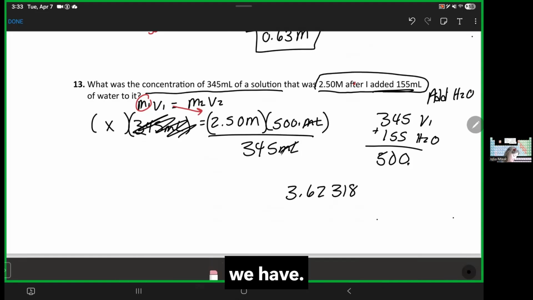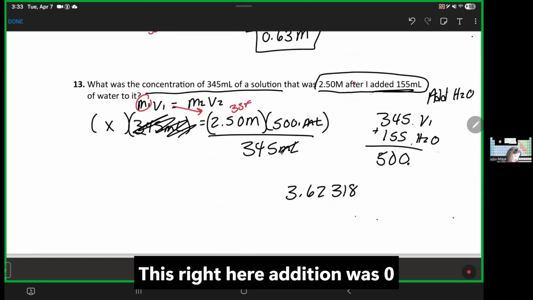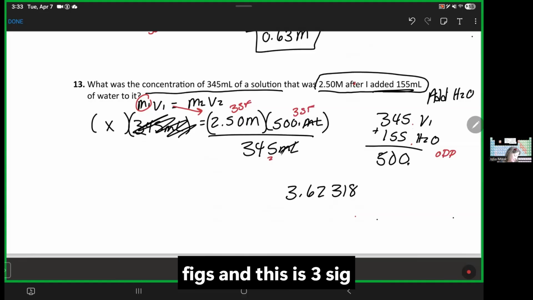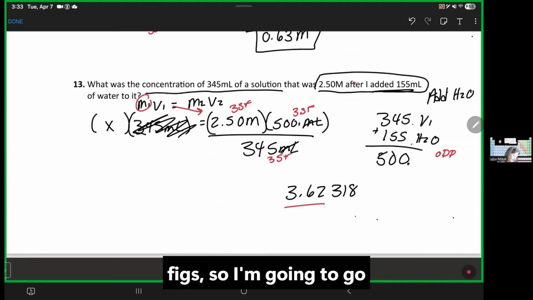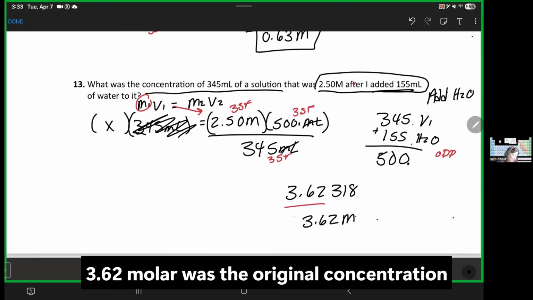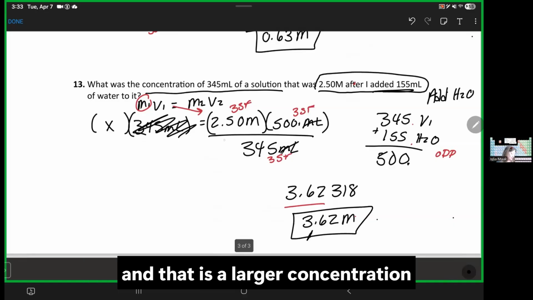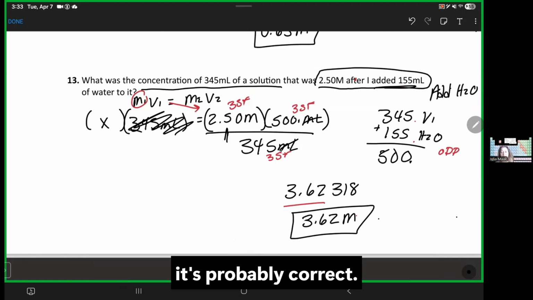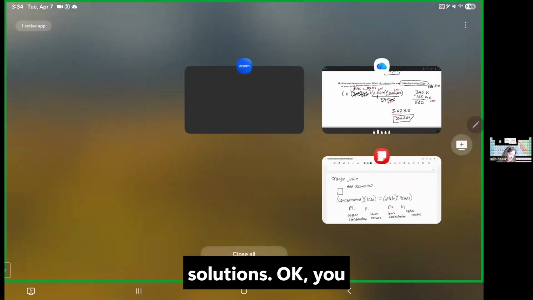We have 3 sig figs. The addition was 0 decimal places, so that's 3 sig figs, and this is 3 sig figs. So I'm going to go with 3 in my answer. So 3.62 molar was the original concentration. And that is a larger initial concentration than my final concentration, so it's probably correct. So that is solutions.